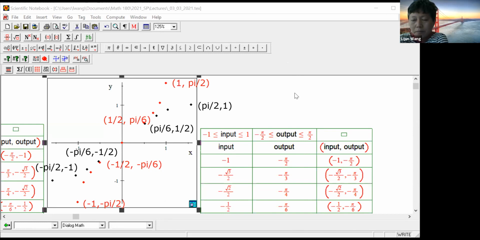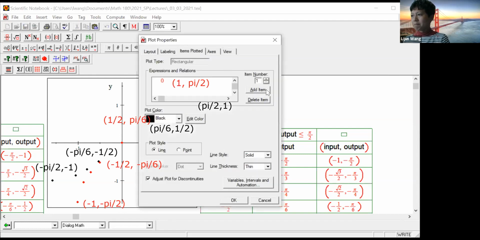Any questions? Any questions? Okay, so I'm gonna connect the dots.